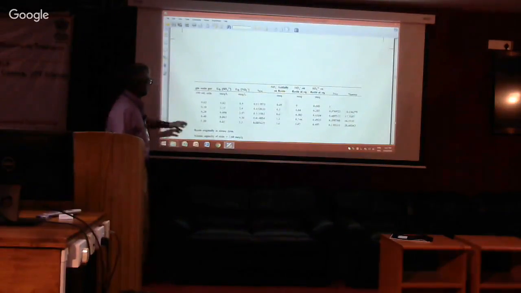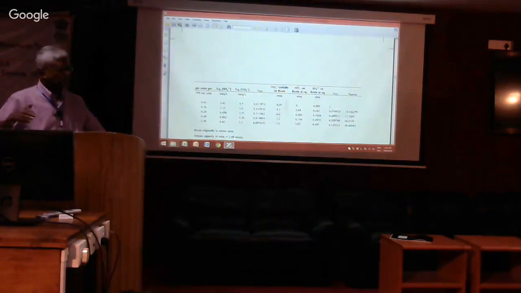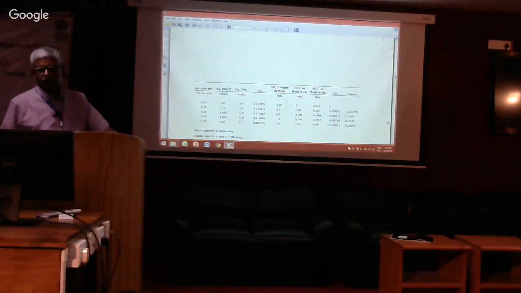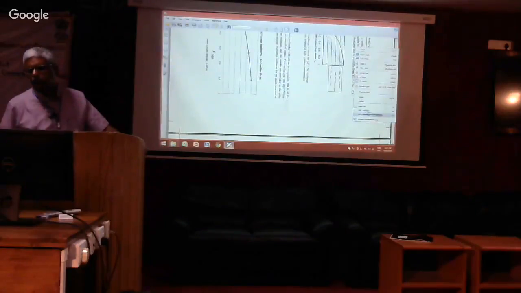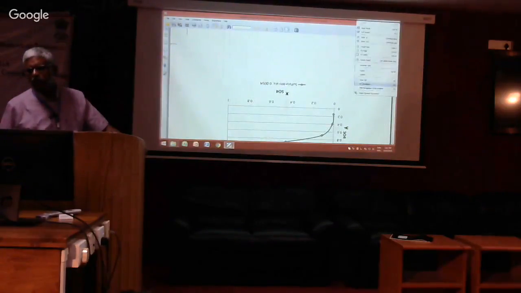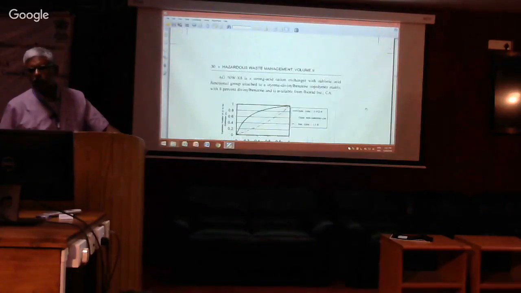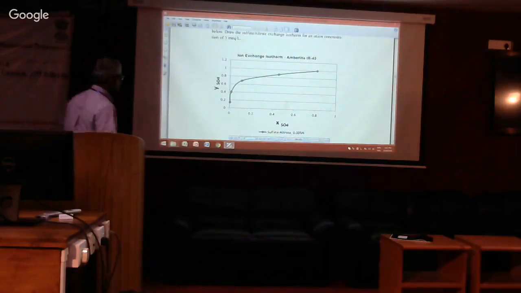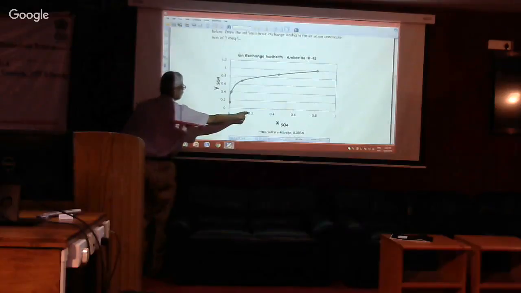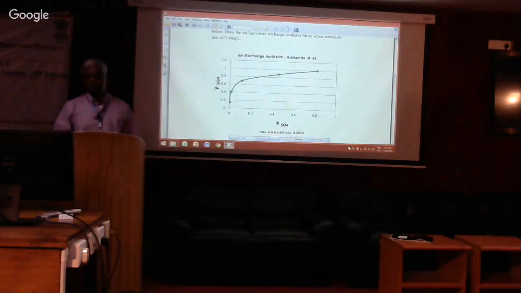So as you see, these values of alpha, the separation factor, is not a constant, it's changing. So you have to then draw this kind of a curve, XSO4 versus Y, and then you join them by a smooth curve.